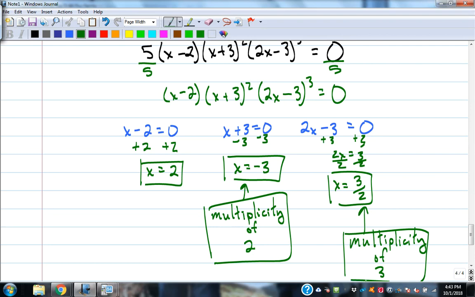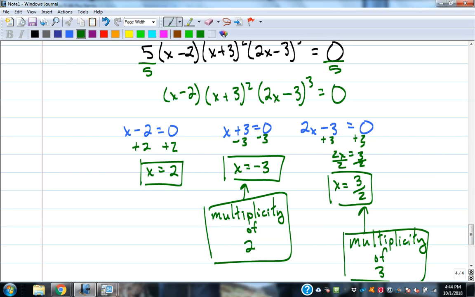Okay, multiplicity is based on how many times that factor occurs. This factor, because it's squared, occurs twice. So it's really x minus 2 times x plus 3 times x plus 3. This factor occurs 3 times: 2x minus 3, 2x minus 3, 2x minus 3. So that zero has a multiplicity of 2 for negative 3, a multiplicity of 3 for 3 over 2.